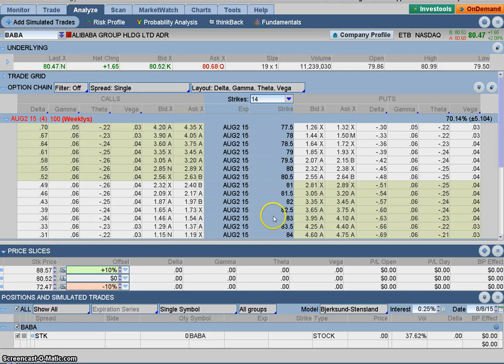Now, yeah, I'm capped with how much I could make, but it's still basically a 2-to-1 risk to reward, and I'm not risking quite as much on this as I am if I just did the call. And my time decay and the option premium will be less because I have bought options and I have sold options, and sold options actually profit when the premium comes out of it. But that's for another video.